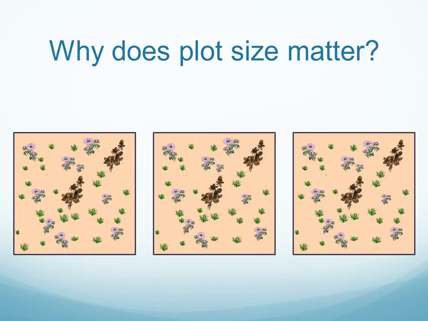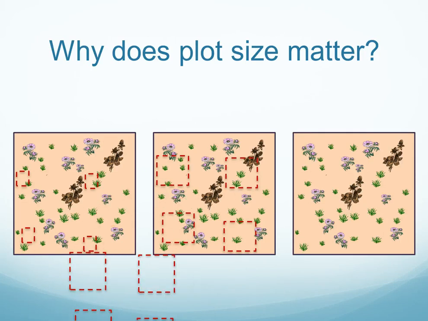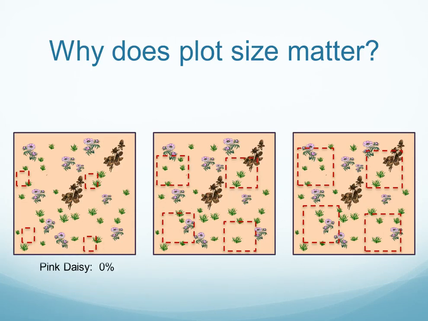So let's see how this works by examining this simple population of plants and looking at the estimate of pink daisy using 3 different size quadrats. We see that as the quadrat size increases, the frequency estimates increase from 0% to 50% to 100% with the largest size quadrat.